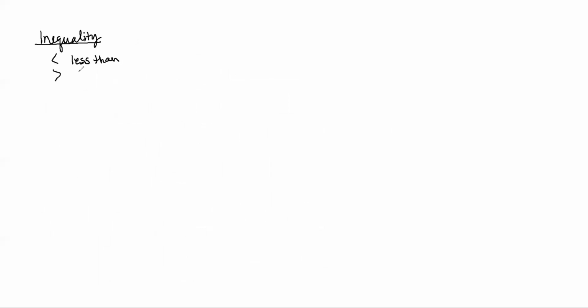And so this one means greater than, because the number on the left is going to be bigger. And then this symbol is less than or equal to, because we have that equal to bar under it. Flip it around and we have greater than or equal to.